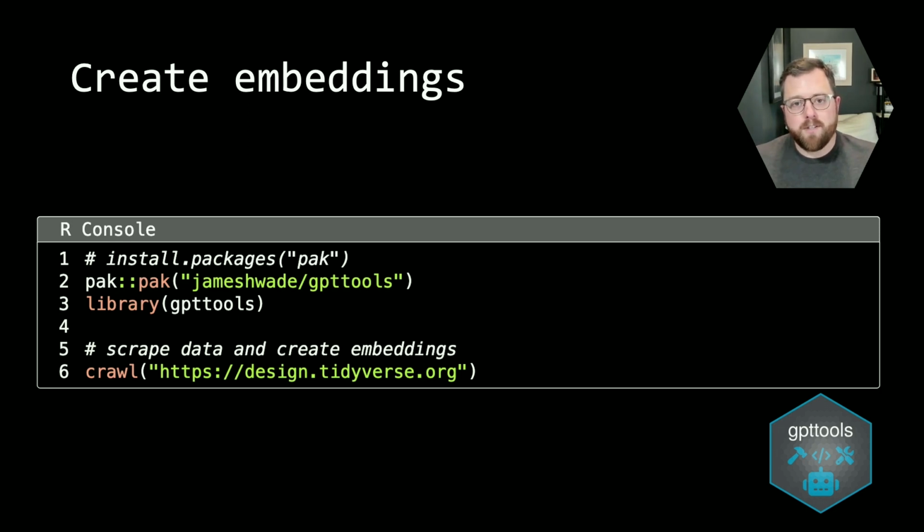Once you've installed the package and assuming you've already configured your API keys like we showed for GPT Studio, you can then use the function crawl to point to the tidy design principles URL. That's design.tidyverse.org. This function will crawl those web pages and create text embeddings that we can then use for our semantic search application. Let me show you how that works.